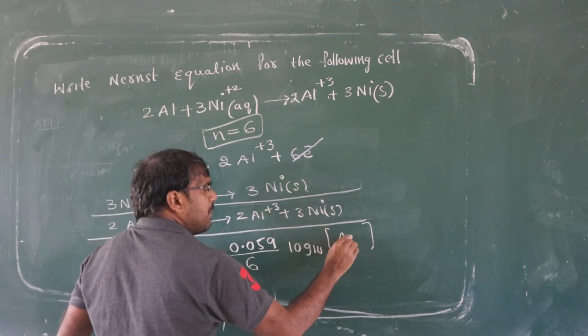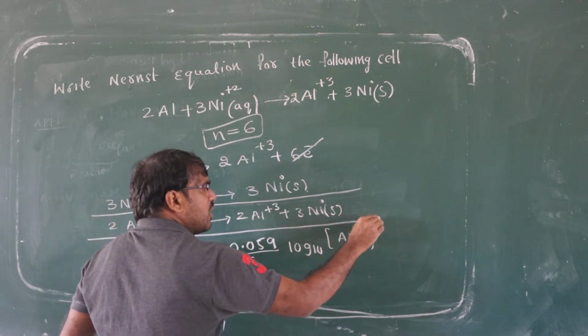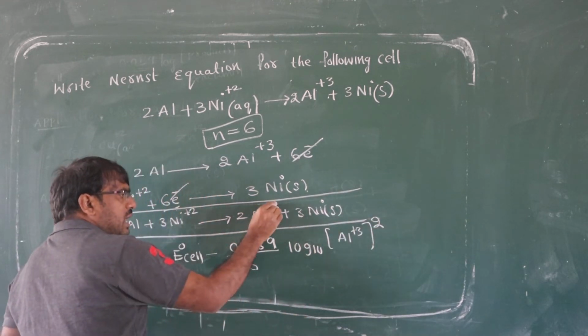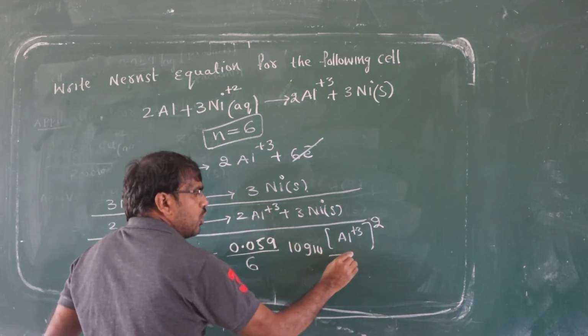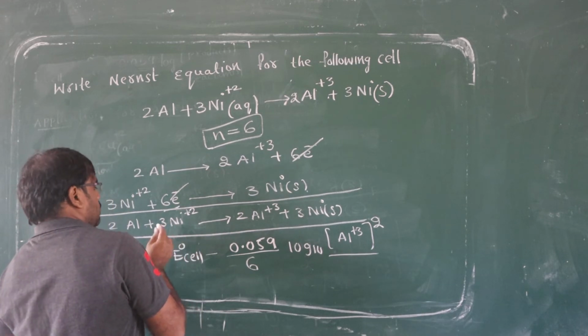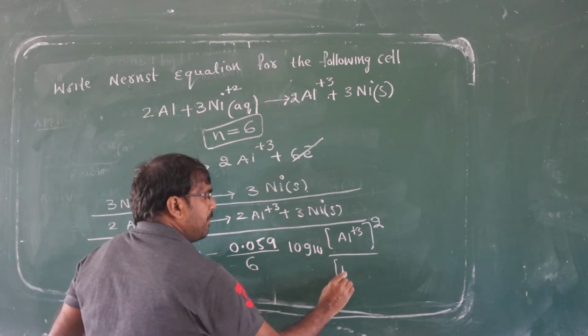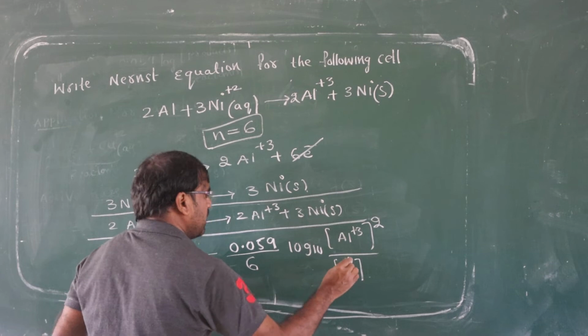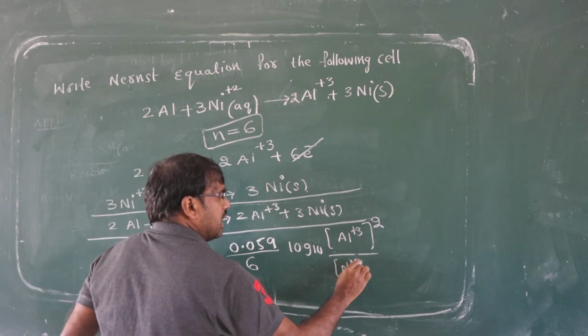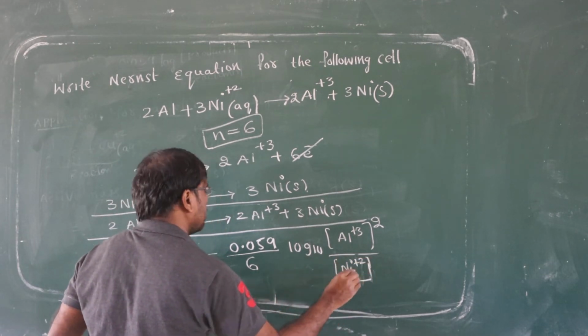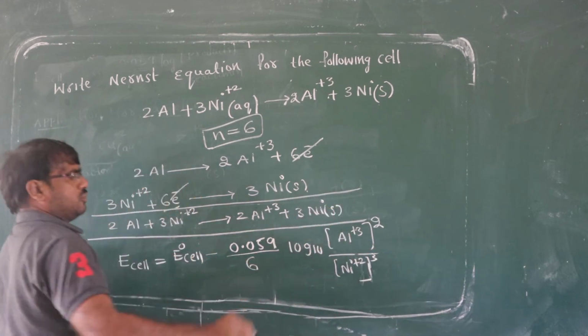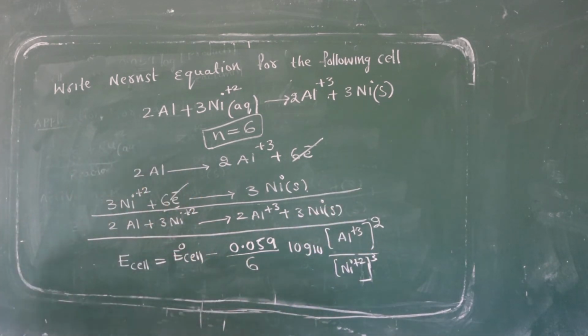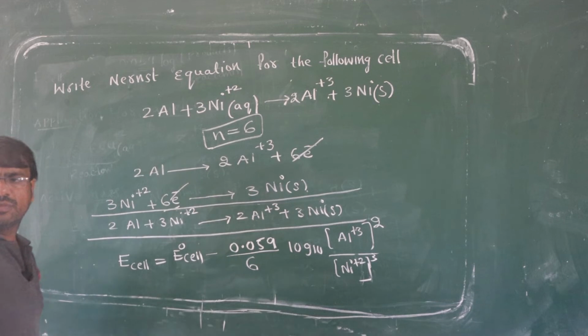On the product side Al+3 is there, so power 2 we should use: Al+3 power 2, divided by Ni+2 overall power 3. So this is the equation we will get.